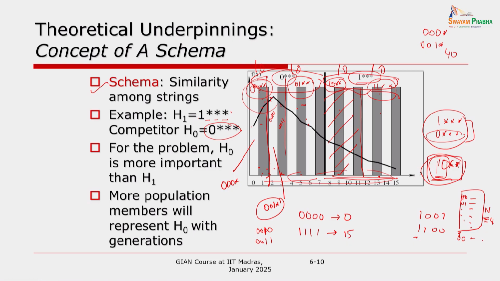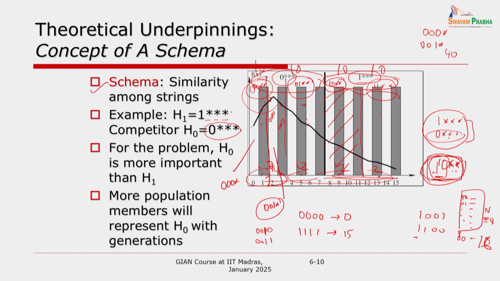But if I double the population, let's say I do 8, then there are lots of copies with representatives here. So there will be at least 2 copies here, 2 copies here, 2 copies and 2 copies. 2 may not be enough, but maybe if it is 16, then you have 4 copies here. And now you have enough representation in every partition here for it to happen at this order 2 level. So GA will ignore this level and will work on this.